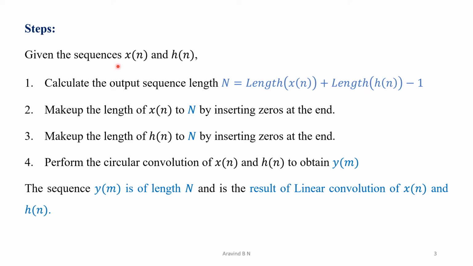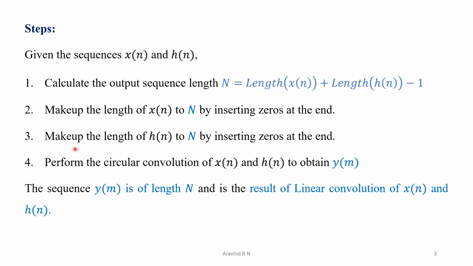Given the sequences x of n and h of n, step 1, calculate the output sequence length. Capital letter N is equal to length of x of n plus length of h of n minus 1. Second step, make up the length of x of n to N by inserting zeros at the end.